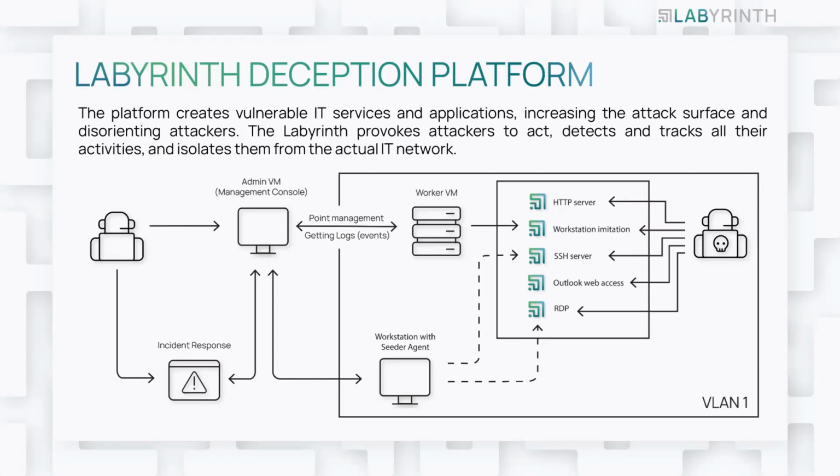Our architecture is based on two virtual machines. One of them is the administration machine that we call the management console, and the other is the worker virtual machine where we place all decoys and manage their work.